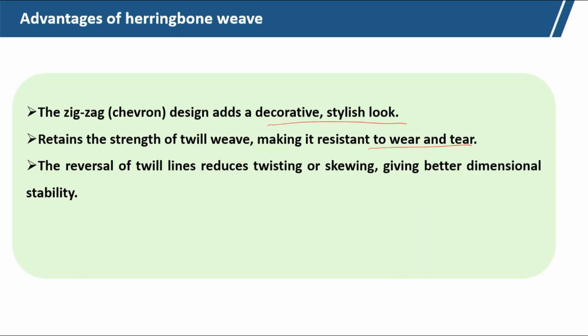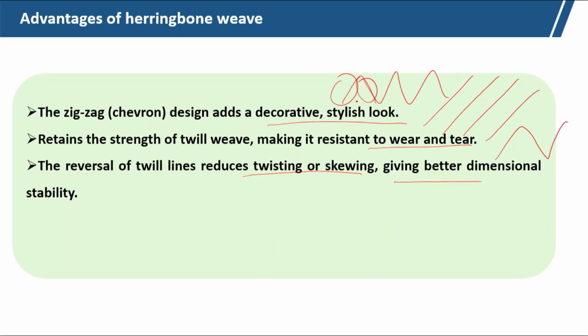The reversal of twill lines reduces the twisting and skewing. Okay. So, it is a balanced fabric, giving better dimensional stability. If the line goes diagonally, sometimes it creates some skewing effect, but as the lines are changing in zigzag fashion, it gives one balancing effect.